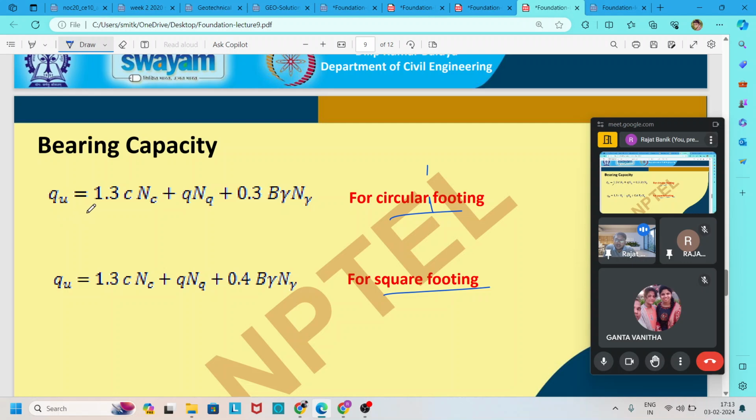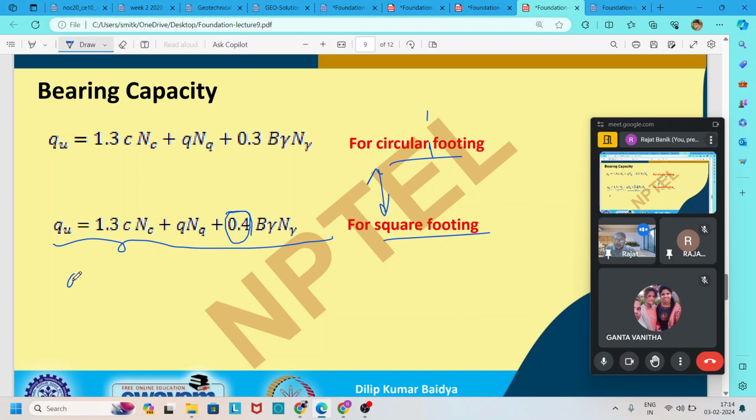For circular footing, it is given as 1.3 cNc plus qNq plus 0.3 B gamma N gamma. And for square footing, it is the same thing with little changes, very similar to the circular footing. The only difference is that in place of 0.3, it is 0.4.